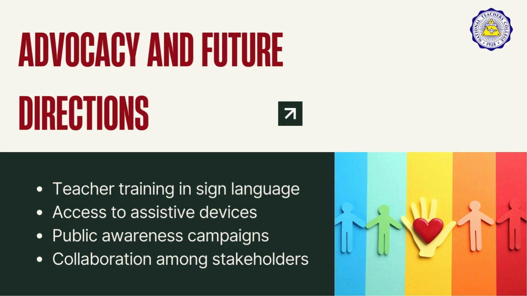By working together with families, teachers, and specialists, we can create schools that empower all learners to communicate and succeed. Think about this. What is one advocacy action you can take as a future teacher to support students with hearing impairment?